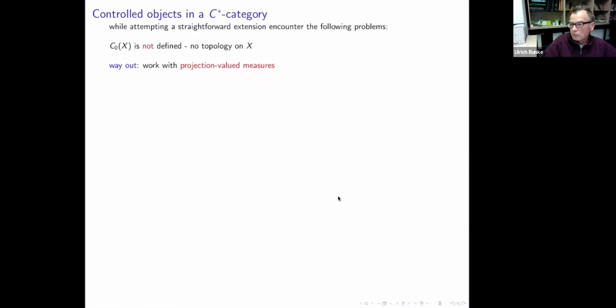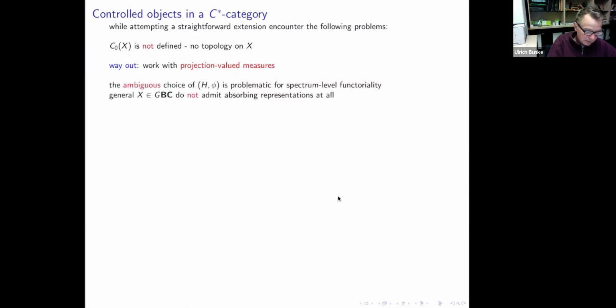This is enough to formulate the conditions we want. But more serious is that these representations have to be chosen. There's some ambiguity in choosing these representations, and as I said before, this is very problematic if one wants to have spectrum level functoriality. So this is a problem.